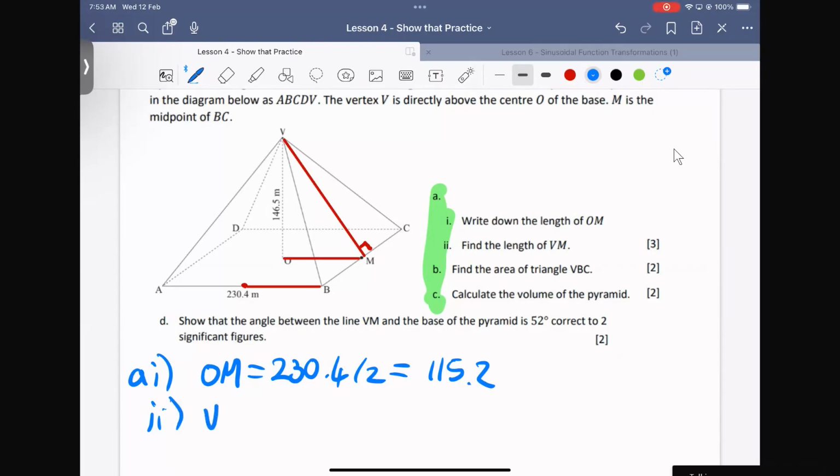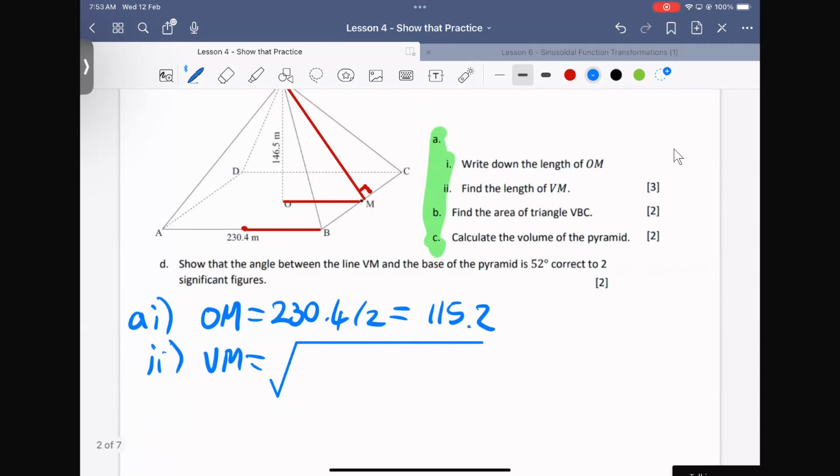We can find VM as the square root of 115.2 squared plus 146.5 squared. Put that into our calculator, and we're going to get 186 meters.